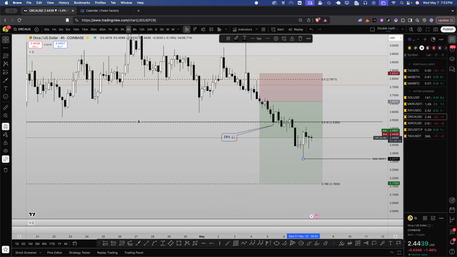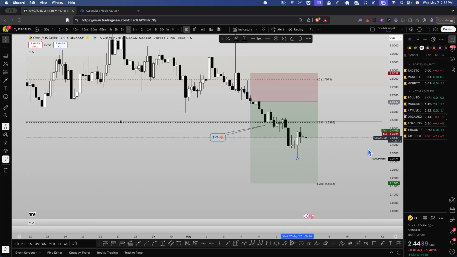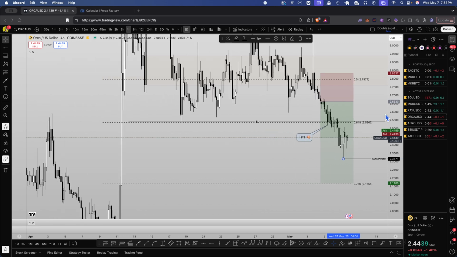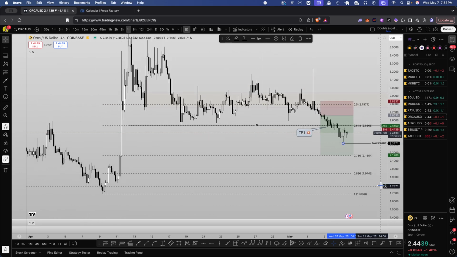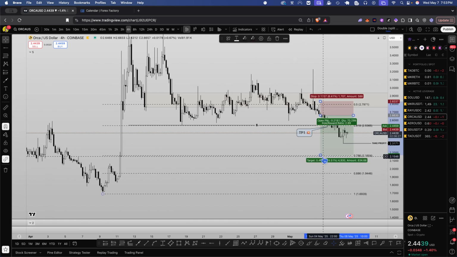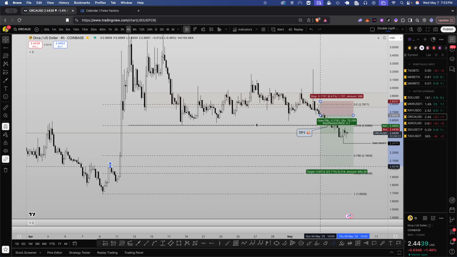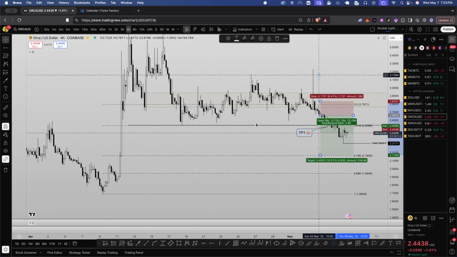Once we see some price action that gets to this level, $2.31, we'll likely scale out about 25%, because there is a chance that we actually go a little bit lower even. I was quite conservative on that take profit on the 786, but I would like to see even a low 2, high 19s for ORCA. But for now we'll keep it where it is.